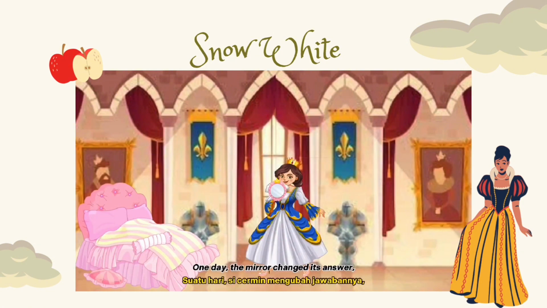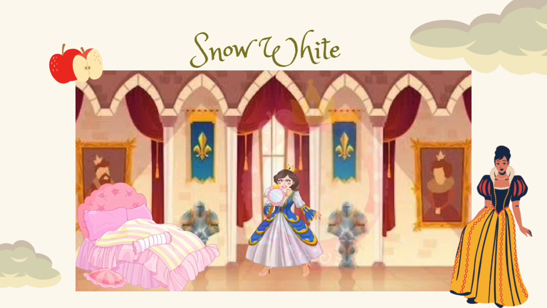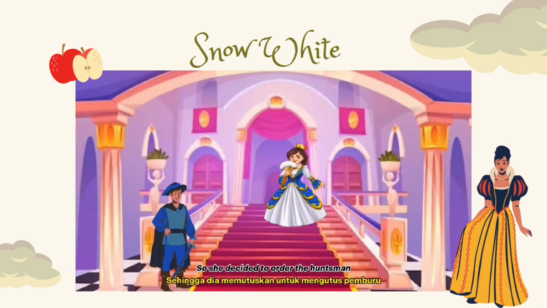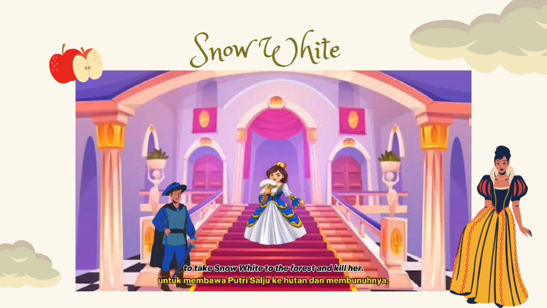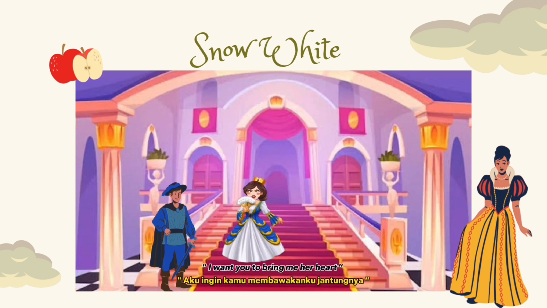One day, the mirror changed its answer. "Your daughter, Snow White, is the most beautiful one in this kingdom." The queen envied Snow White's beauty, so she decided to order the huntsman to take Snow White to the forest and kill her. "I want you to bring me her heart."